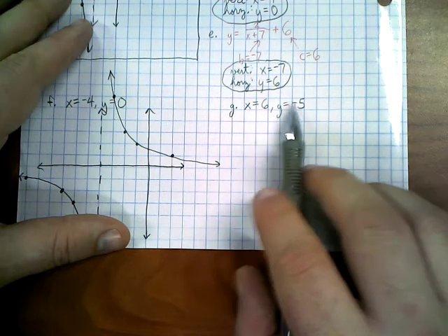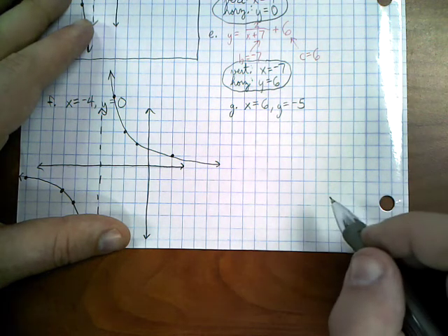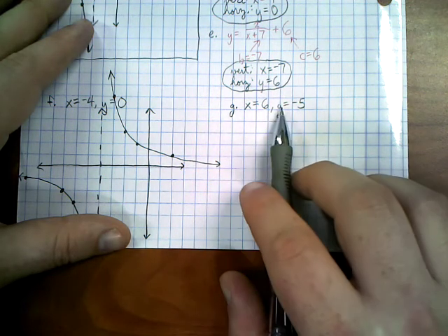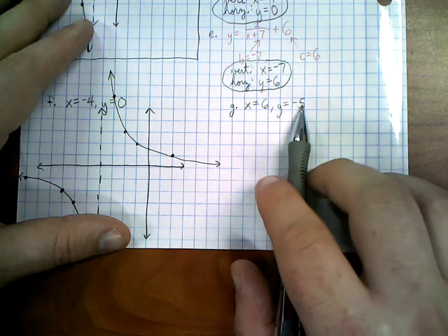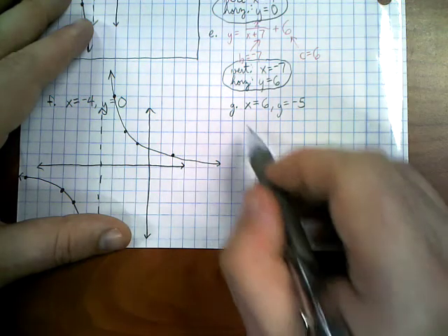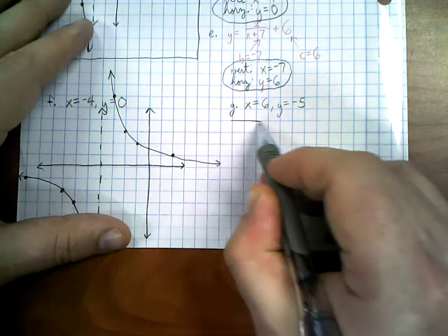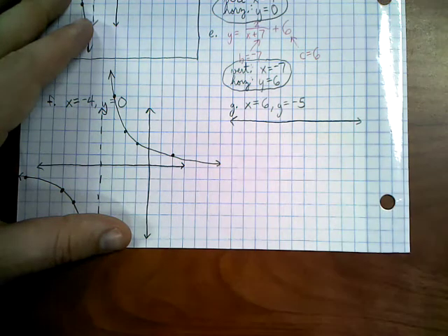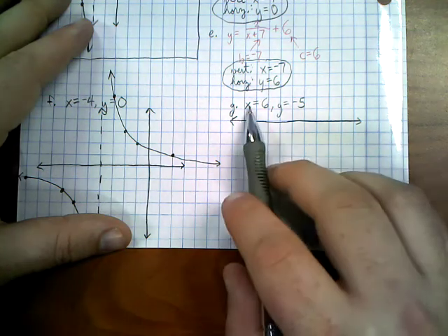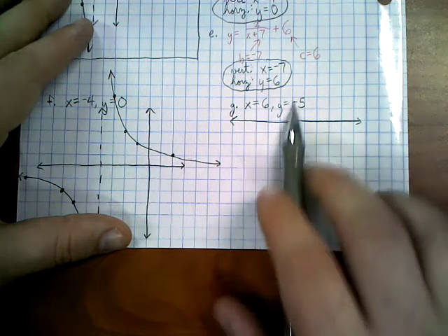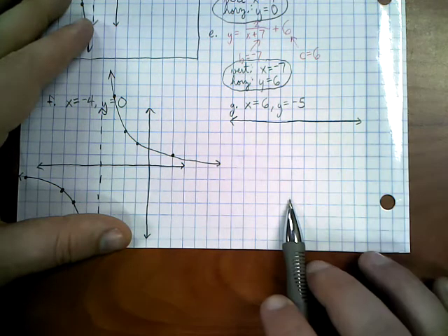So we want to engineer things so that that's going to be in the middle. With the horizontal asymptote being negative 5, I want negative 5 to be in the middle, which means I'm going to have my x-axis somewhere up here. And since our vertical asymptote is going to be x equals 6, I want x equals 6 to be more or less in the middle.